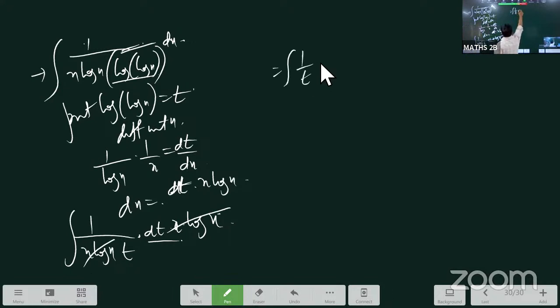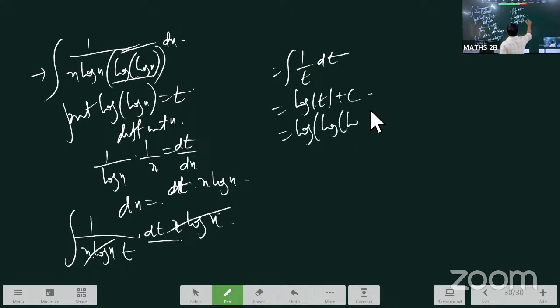Integration of 1 by t dt. That is log mod t plus c. For t, what I considered? Log of log x plus c. It's very, very important for 2 mark. Yeah, see this one.